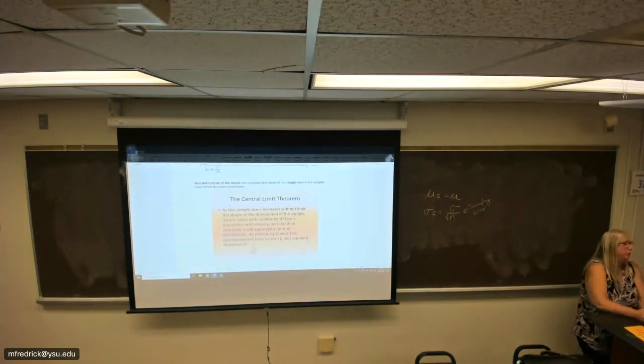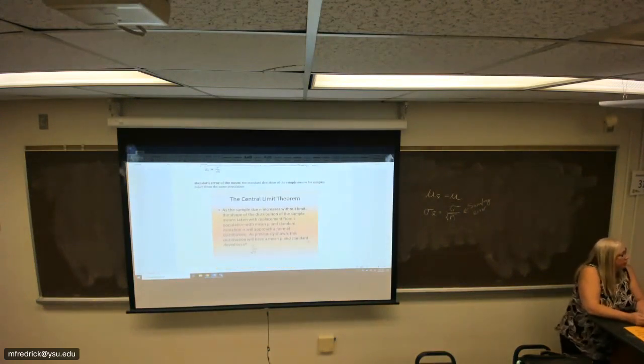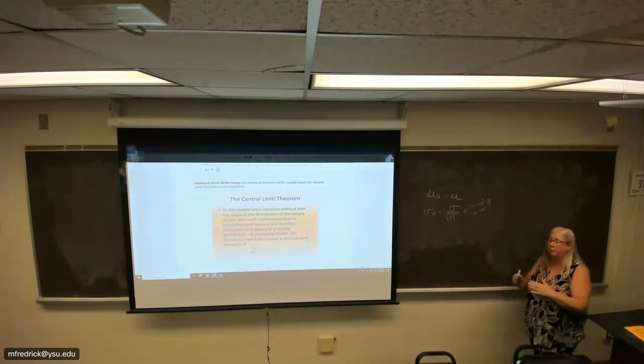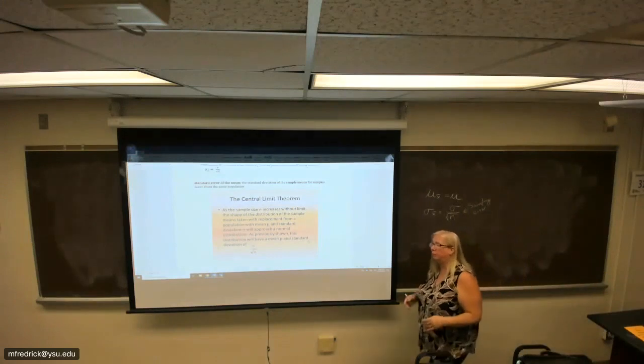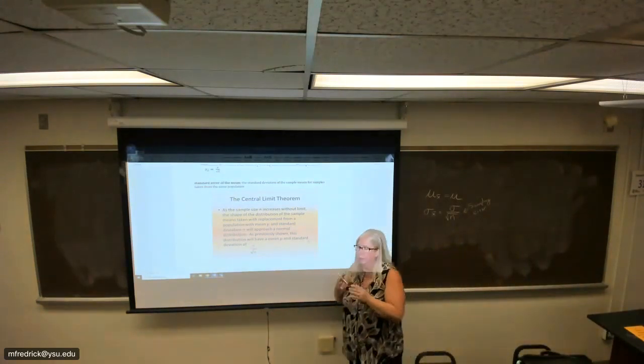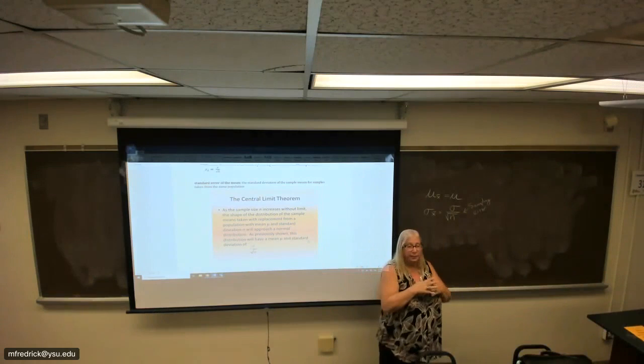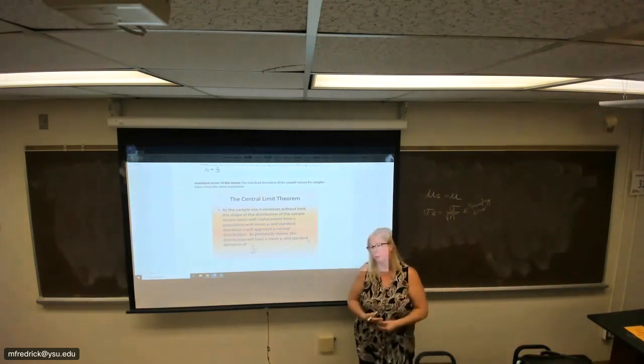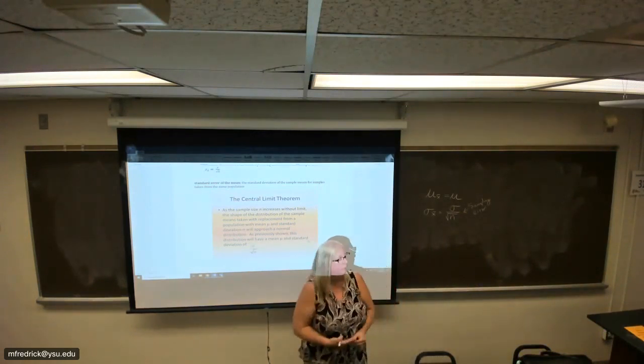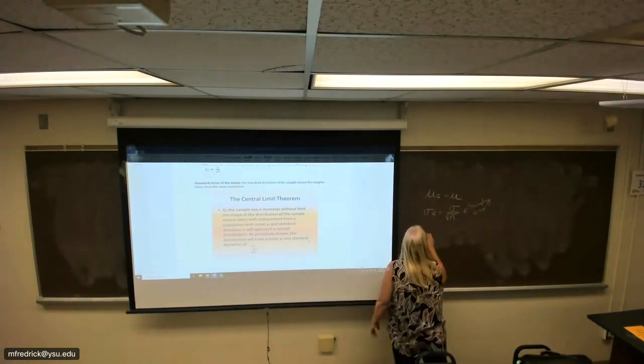What the central limit theorem says is, as the sample size n increases without limit, the shape of the distribution of the sample mean taken with replacement from a population mean and standard deviation will approach a normal distribution. So as long as your sample size is large enough, you can assume it's going to be a normal distribution. If it's not large enough, then it needs to say that the variable is normally distributed. Well, what's large enough?